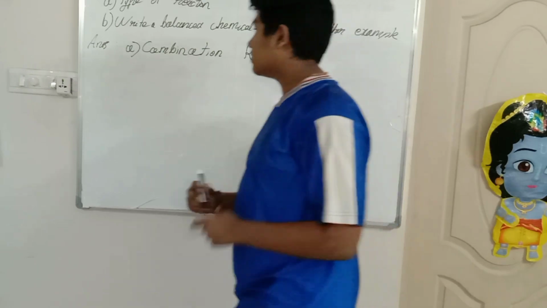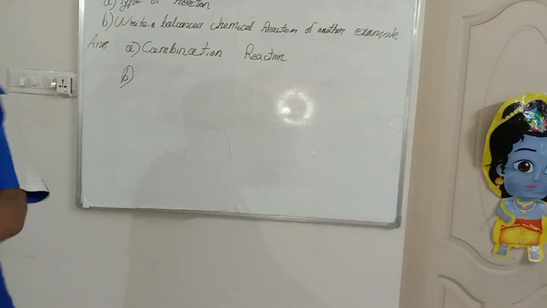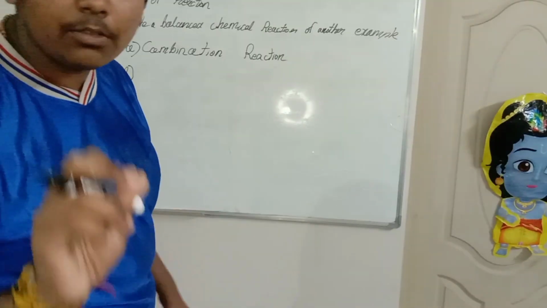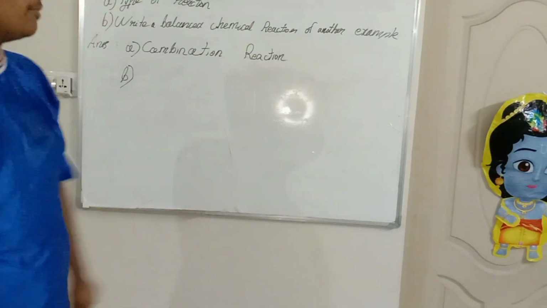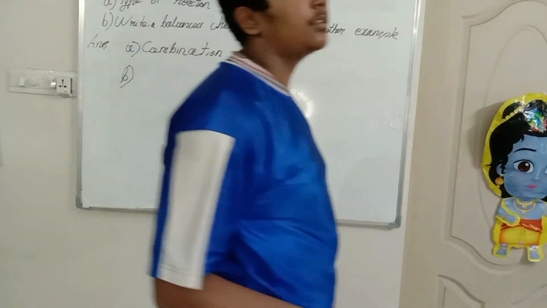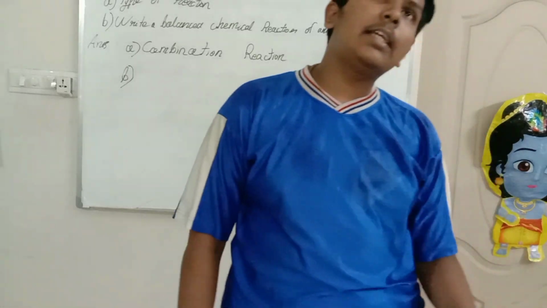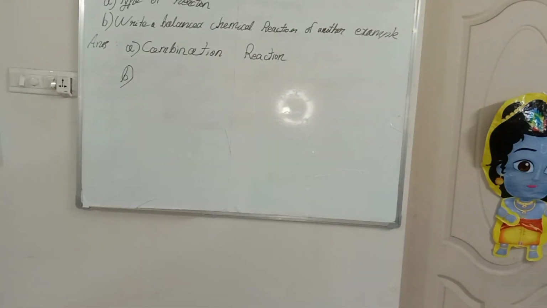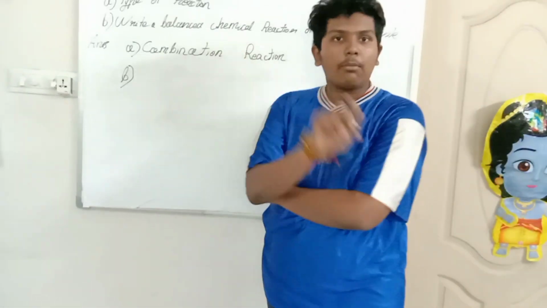Now next is write a balanced chemical equation or reaction for another example of the given type of reaction. So think of any other examples. For now we'll take calcium oxide with, what do you think? Should we take with water? Okay, we'll try this one.